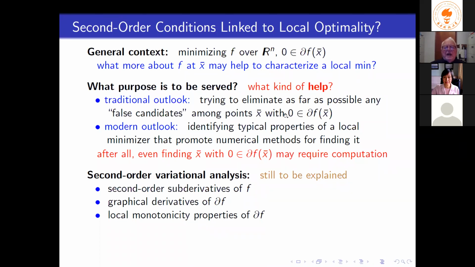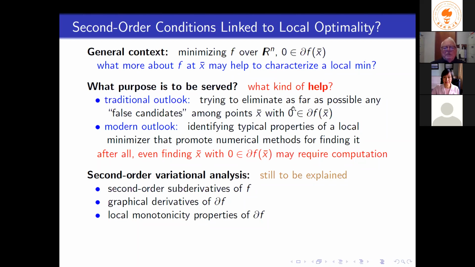In the classical case, we look at the gradient, but we have a bunch of candidates. The points that satisfy the first order condition we can think of as candidates for optimality and for being a local minimum, but some of them may not be a local minimum.